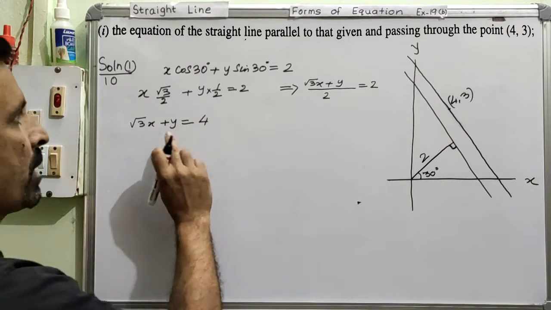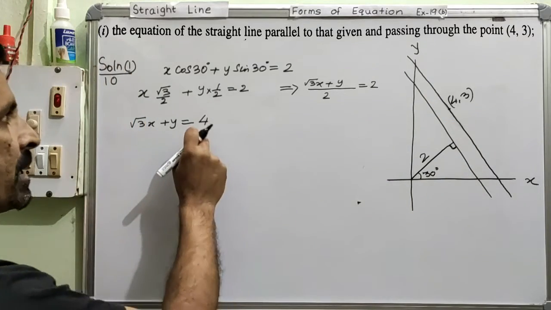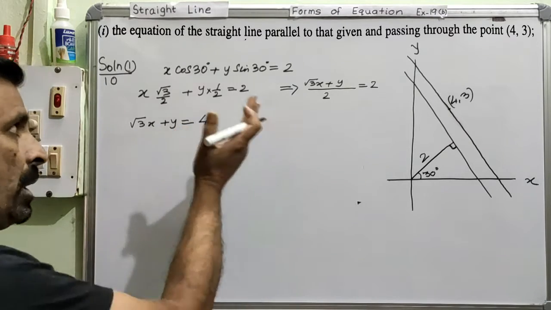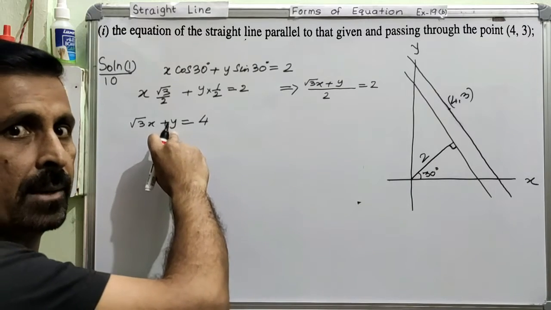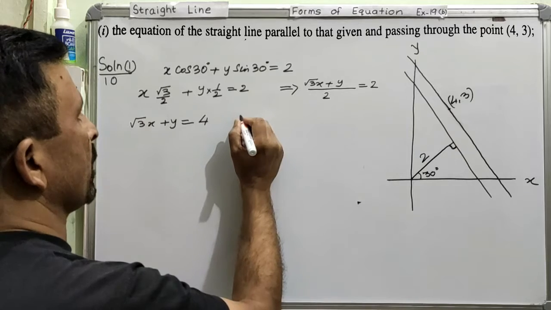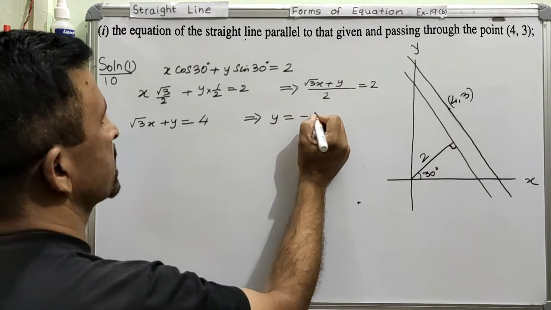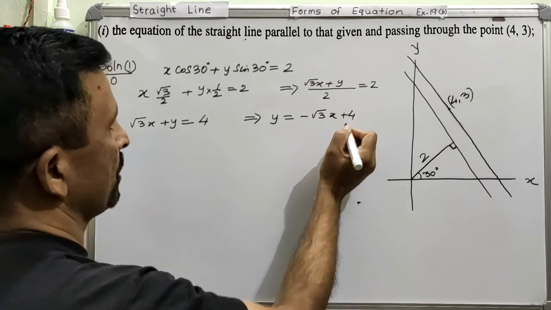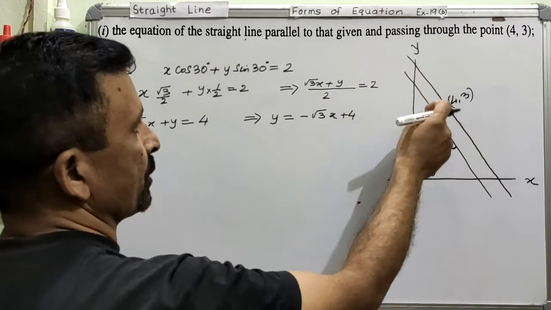Now, why we are solving this equation is to get the slope of this line. To get the slope, you can either have this in the general form, where all the terms are on one side, or you can make a formula for y, and also you can get the slope. Whatever you like, I'm going to make a formula for y. This implies y is equal to minus root 3x plus 4. So this way you get the slope of this line.